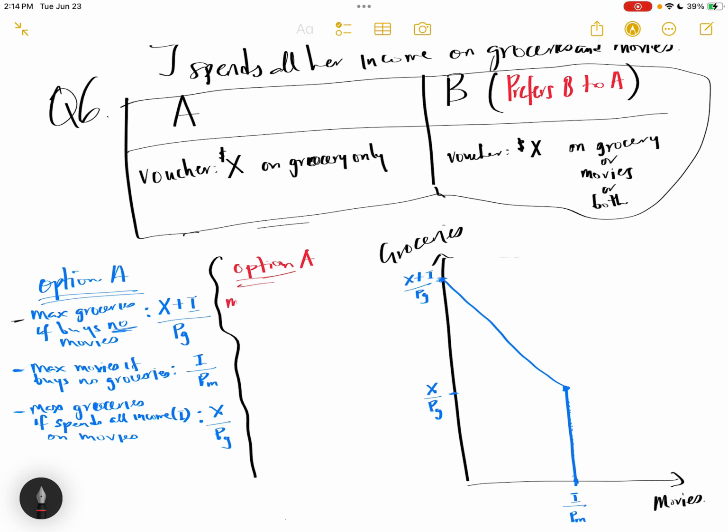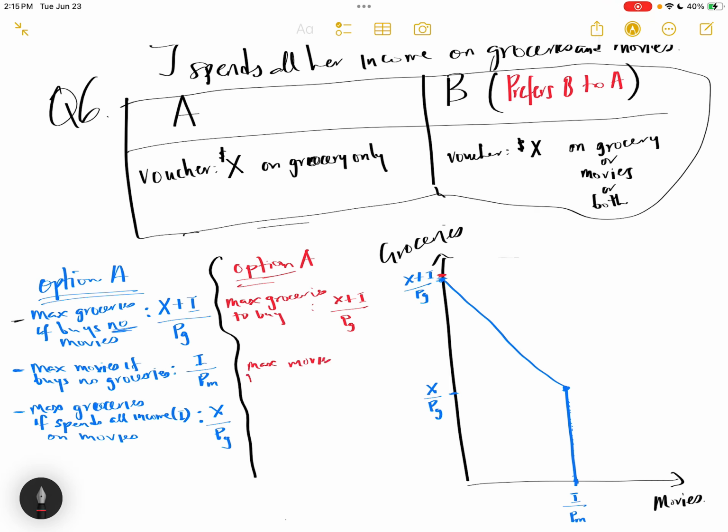So the maximum groceries to buy will be X plus I divided by PG. Oh, we already have that. Yeah, we do. So I'll put a red mark on the y-axis, just a smidge above the blue dot along the y-axis.